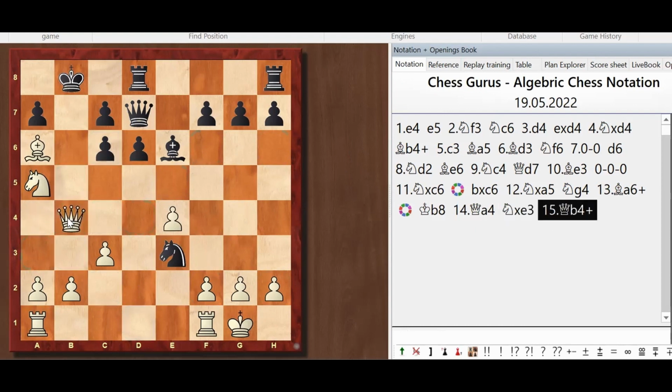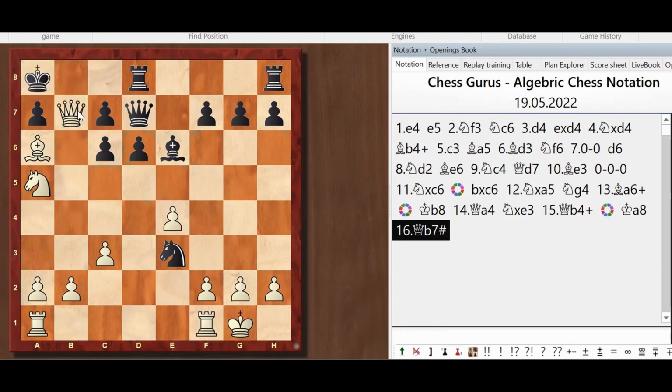So queen b4 check. Queen is attacking the king, check, right? The king has only one place to go, and the queen can go to b7 and give a checkmate. Hash. We did a checkmate, that's why we see the hash sign appearing. When you write in your book or wherever, you can also use the double plus sign.